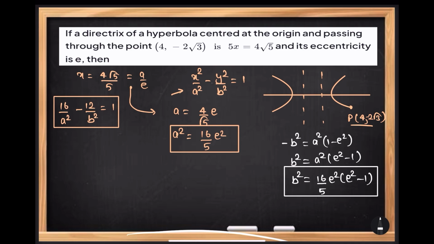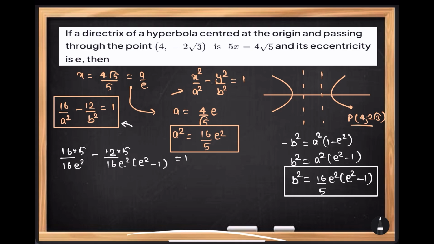So can I substitute here? So we will have 16 by 16 e square over 5, minus 12 over b square, b square is 16 e square minus 1 over 5, equals 1, correct?